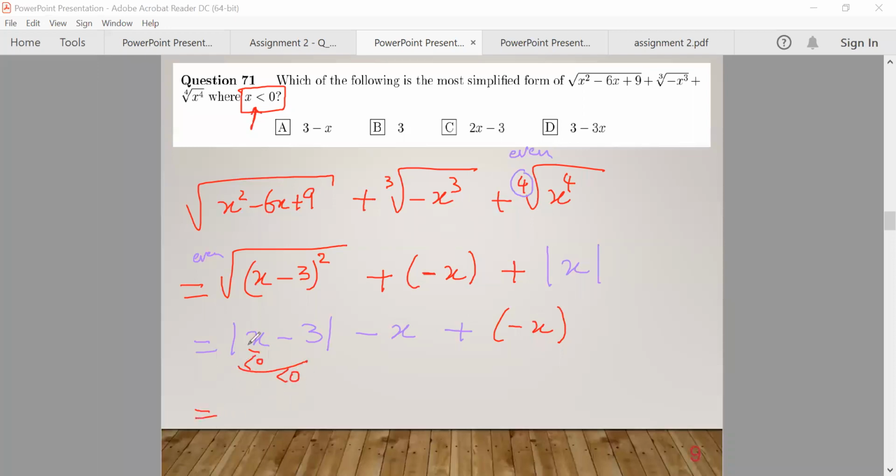So we remove the absolute value and we change all the signs. So finally I have minus x, minus 2x, minus 3x, plus 3. Or 3 minus 3x. So it's D.